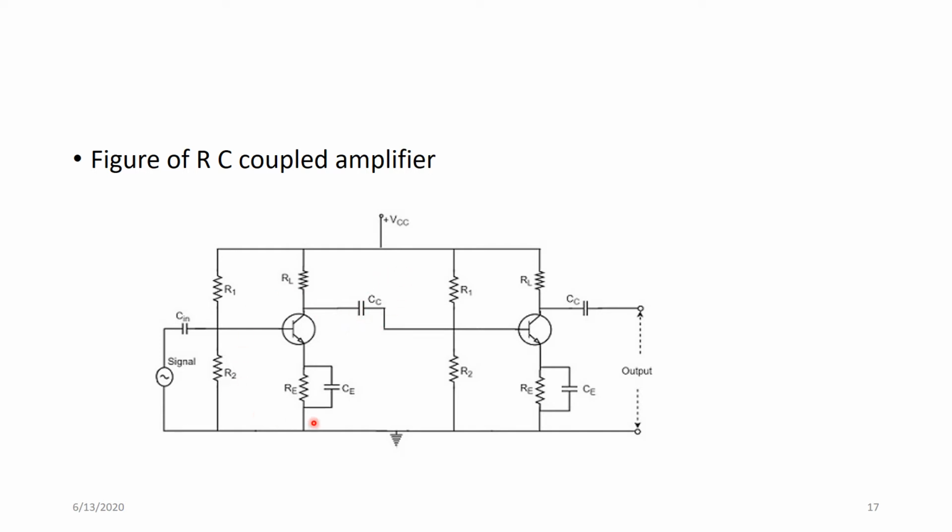R1, R2, RE form a biasing circuit for stage 1. Similarly, R1, R2, RE form a biasing circuit for stage 2. Here the load resistance is very low, that is why we can use this for a speaker arrangement and mic arrangement.